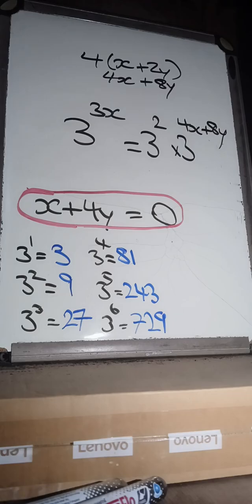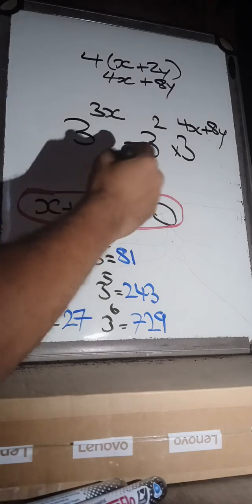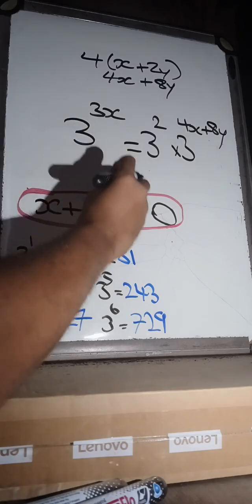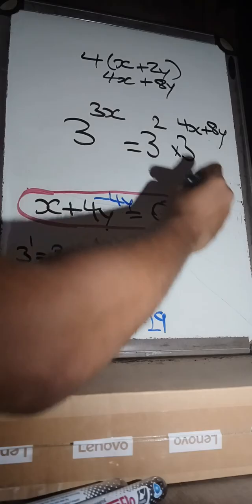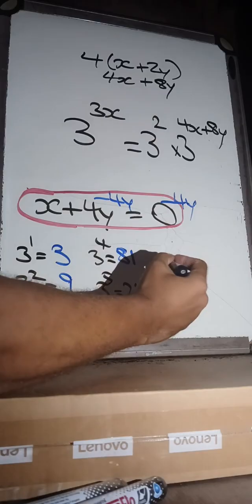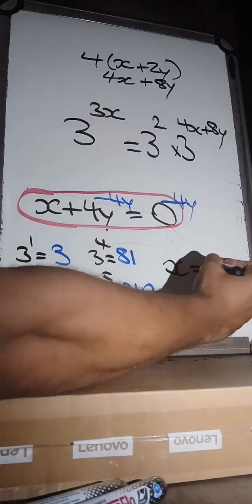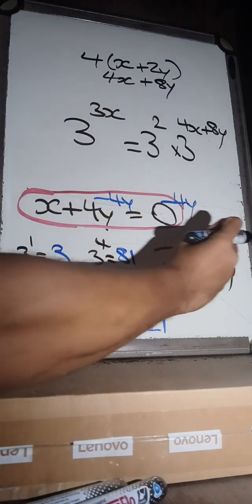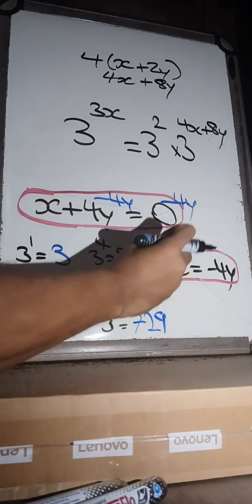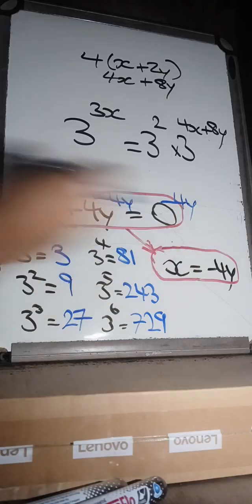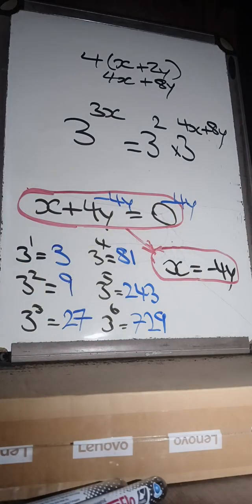Well, fine, we're going to substitute it because at this point there's nothing else we can actually do. So we minus 4y from both sides, right? So minus 4y, minus 4y, it's safe to say that x is equal to minus 4y.